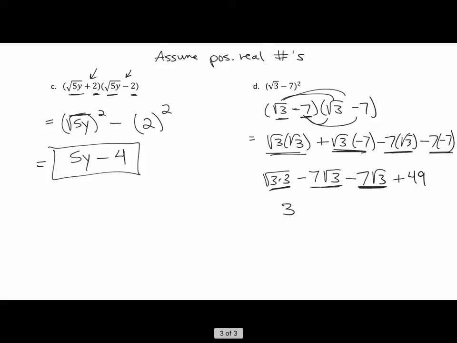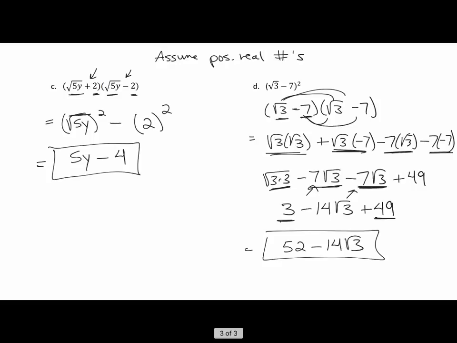These are like terms. I can add them together. The number negative 7 plus negative 7 is negative 14 root 3's altogether. Okay. And then we have like terms here. 3 plus 49 is 52. Everything else stays the same. Those are not like, so that is our simplified product.